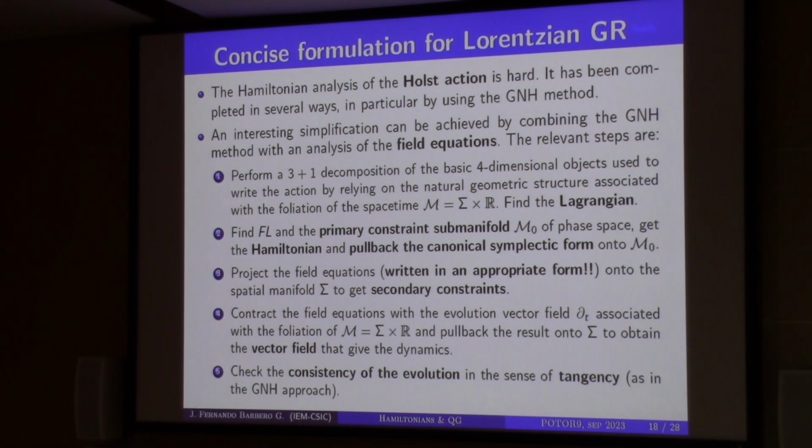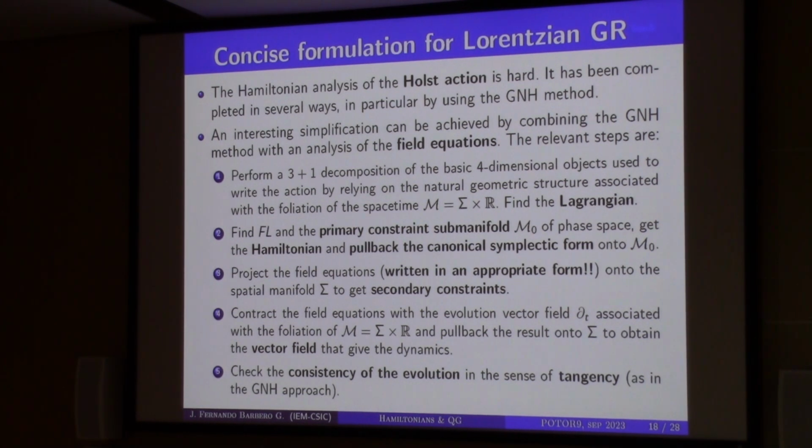Okay? Now, in this particular case, there is actually a neat way of understanding what's going on, which suggests a slightly different procedure to get a Hamiltonian formulation for some field theory. So I will describe it here to you. You can do the following thing. You can take your Holst action, with its field equations, and write the action on a space-time of the form sigma cross R, where sigma is a three-dimensional manifold, which I will take closed, compact, possibly with a boundary.